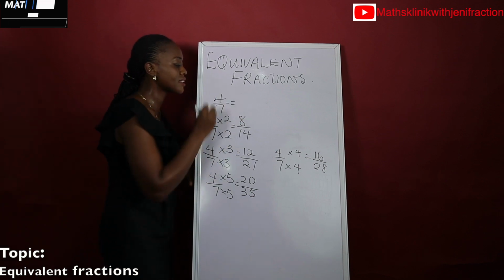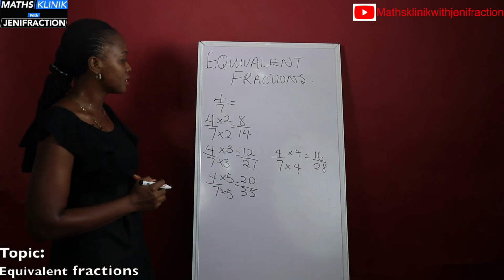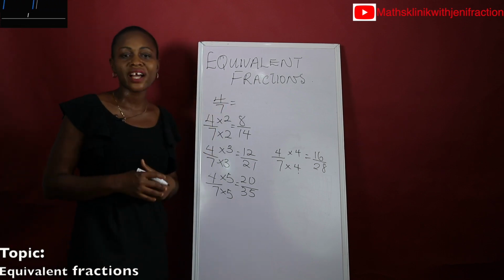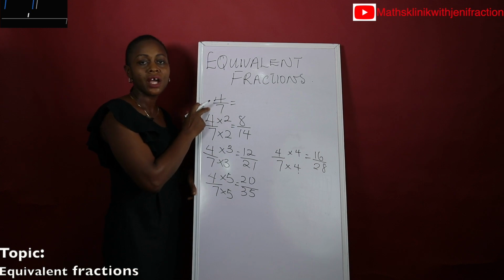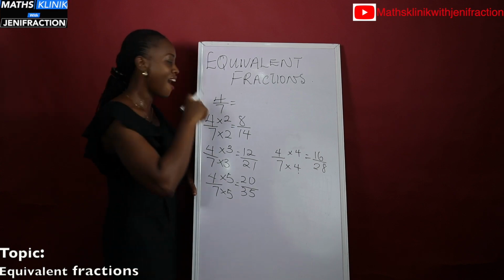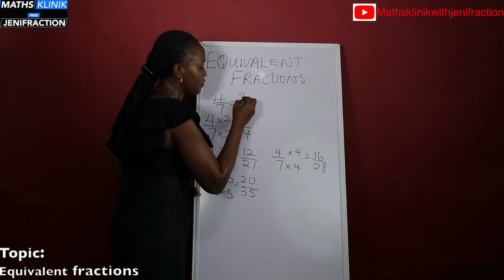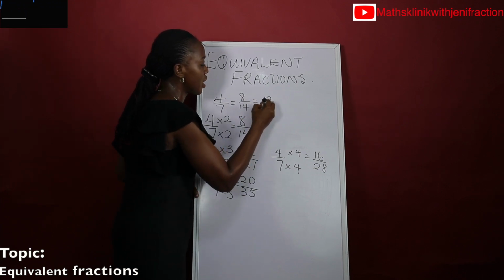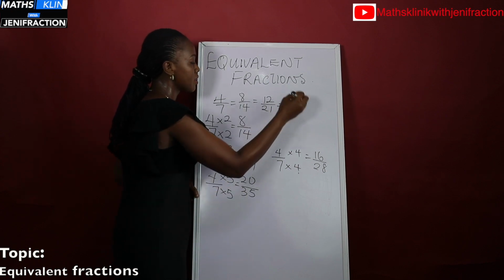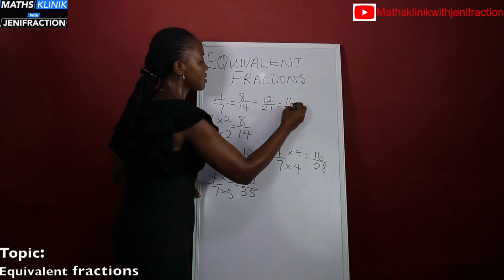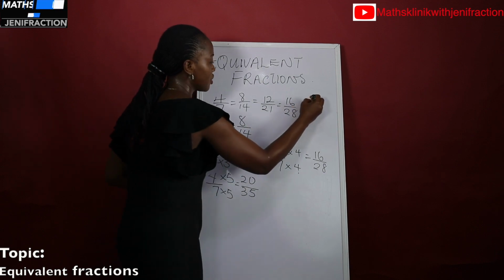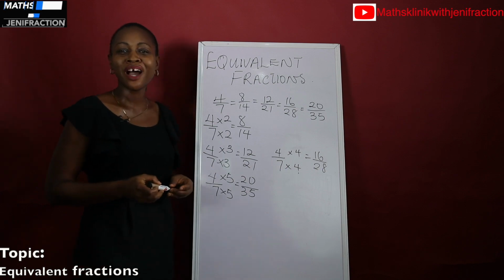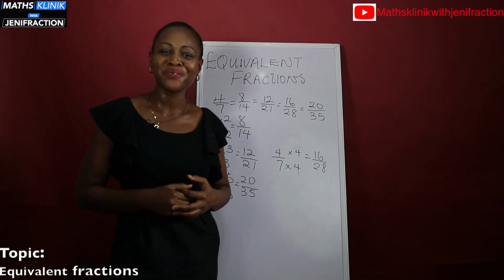Therefore, the next 4 equivalent fractions of 4 over 7, which also means the next 4 fractions that have the same value as 4 over 7, are 8 over 14 equals 12 over 21 equals 16 over 28 and equals 20 over 35. I hope you now understand what we mean by equivalent fractions.